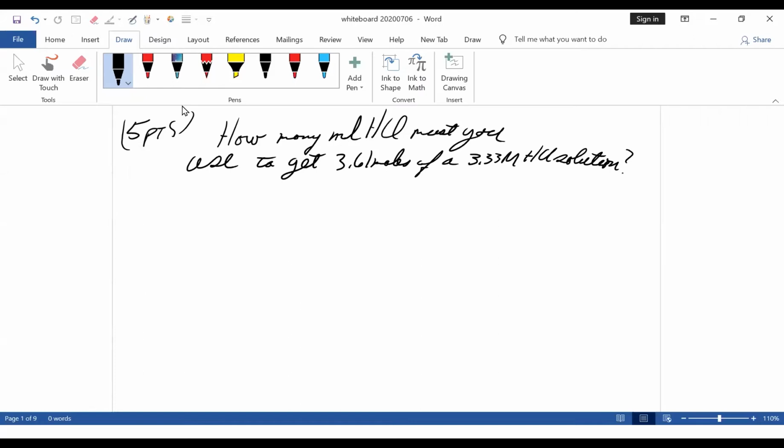Why don't you try this one yourself? How many milliliters of HCl must you use to get 3.61 moles of HCl of a 3.33 capital M HCl solution? Hint, use your good buddy, your good friend, unit analysis. Why don't you try this one? And when you're done, don't forget to look up and smile.